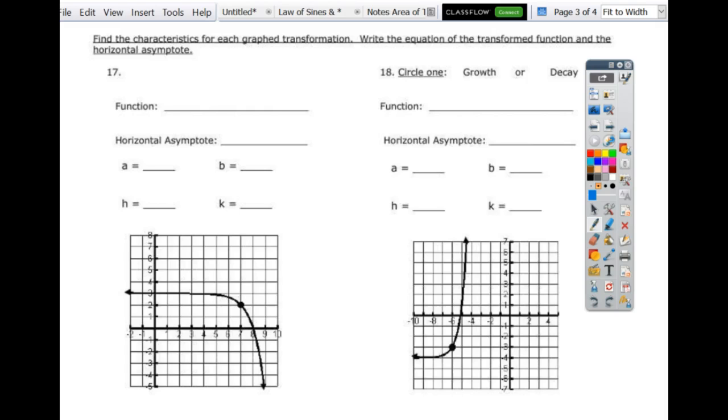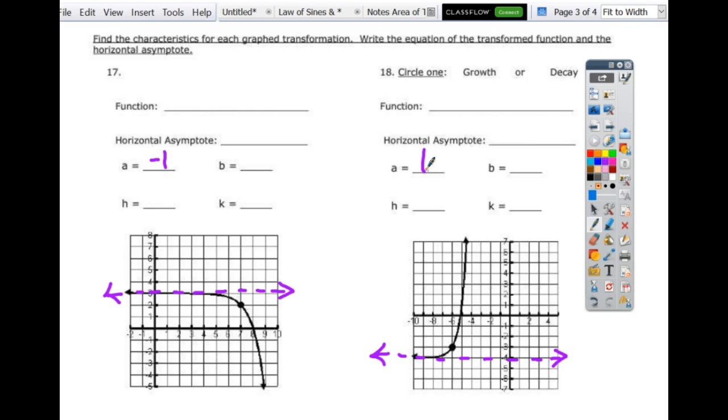So, how do I start these, guys? What's the very first thing? The asymptote. So, I drew in the asymptotes. I know that this is a reflection, so my A is -1, and this is +1.